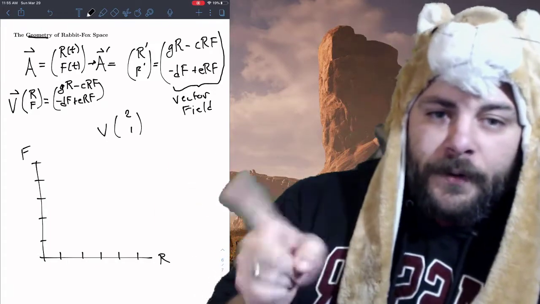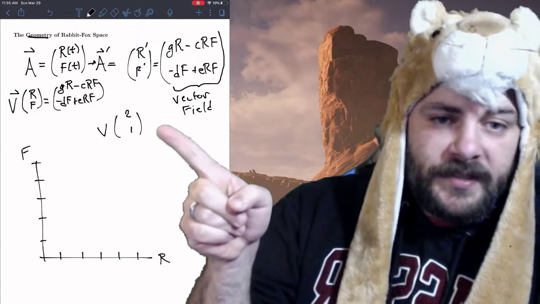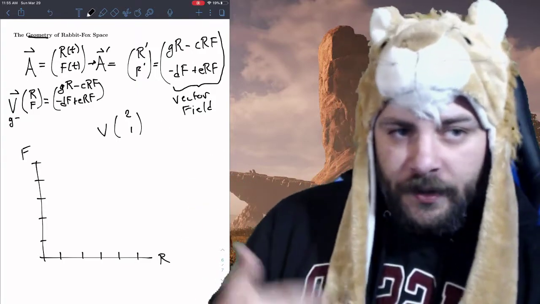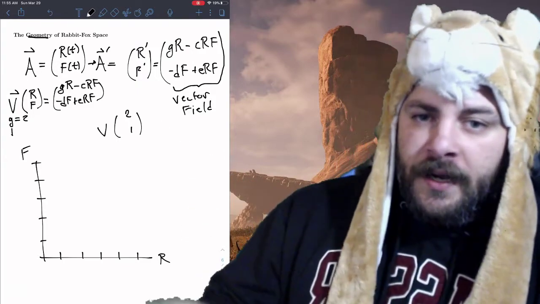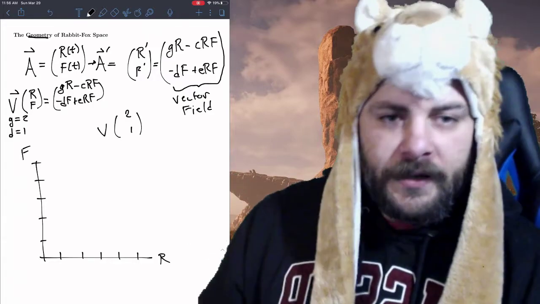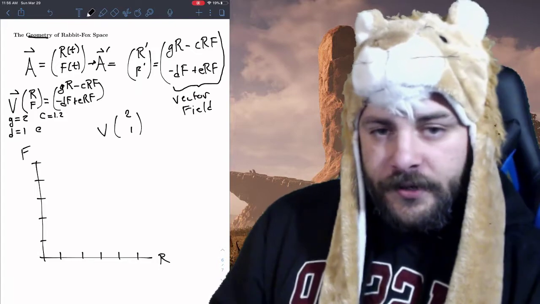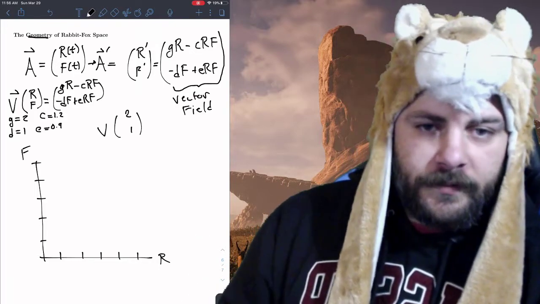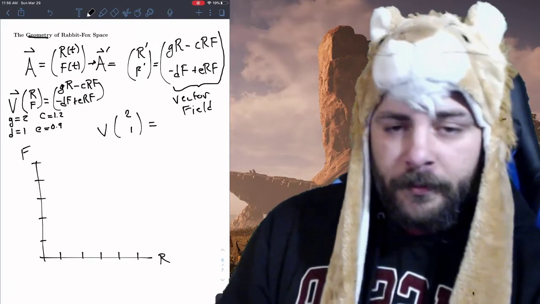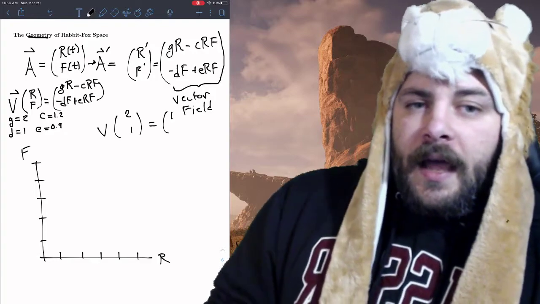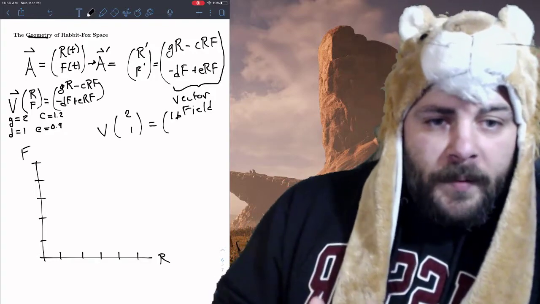So we're going to consider first the scenario where there are 2 rabbits and 1 fox, or 2 units of rabbit and 1 unit of fox. And we're going to just choose some values arbitrarily. These are indeed the values that are in Blanchard, but I'm just using them for the simplicity of reinforcing an example. And when you plug those in, you get about 1.6.